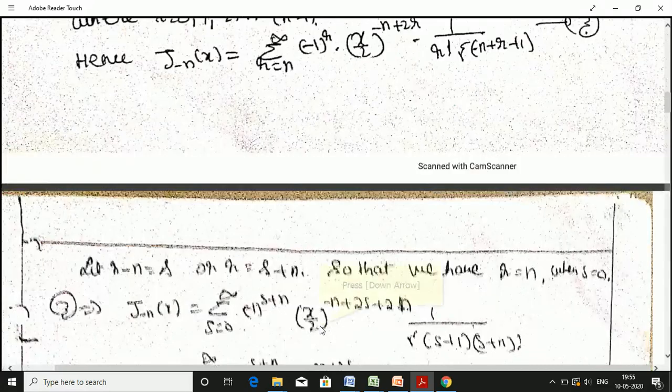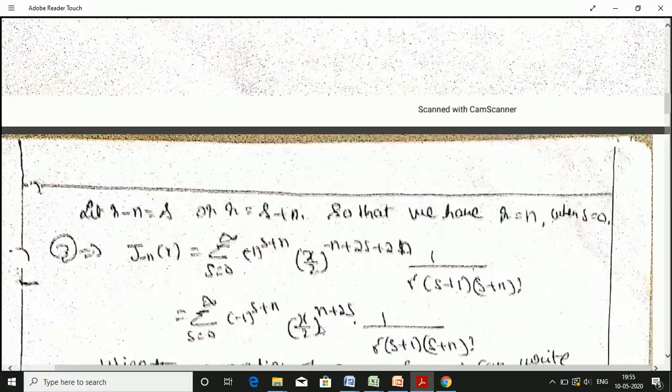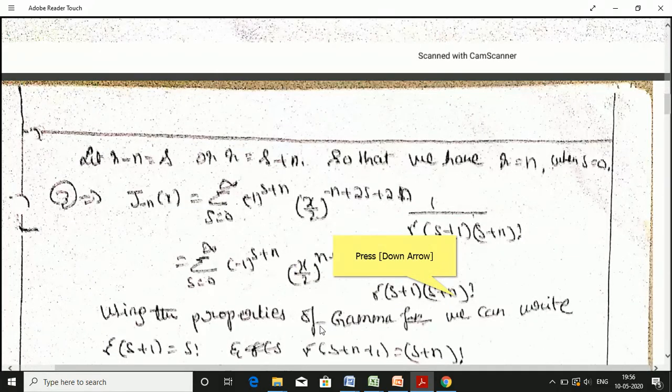So that J minus n of x is equal to summation s is equal to 0 to infinity minus 1 to the power of s, that is r minus n has been taken as s, into x by 2 to the power of minus n plus 2s plus 2n into 1 by gamma of s plus 1 into s plus n factorial.